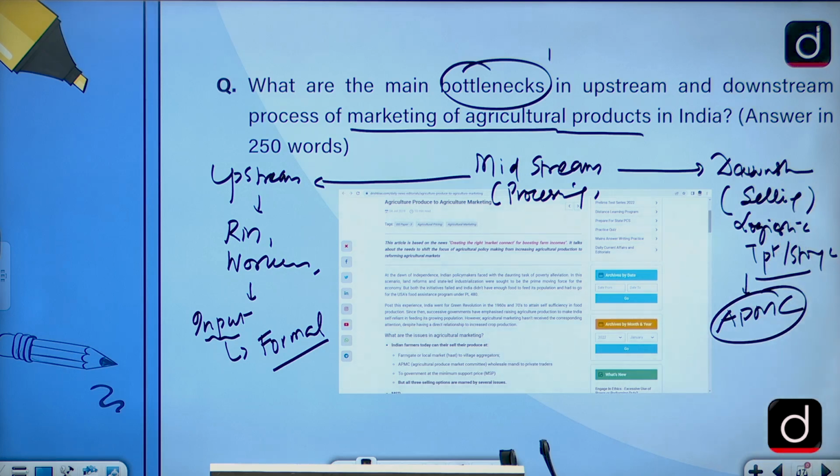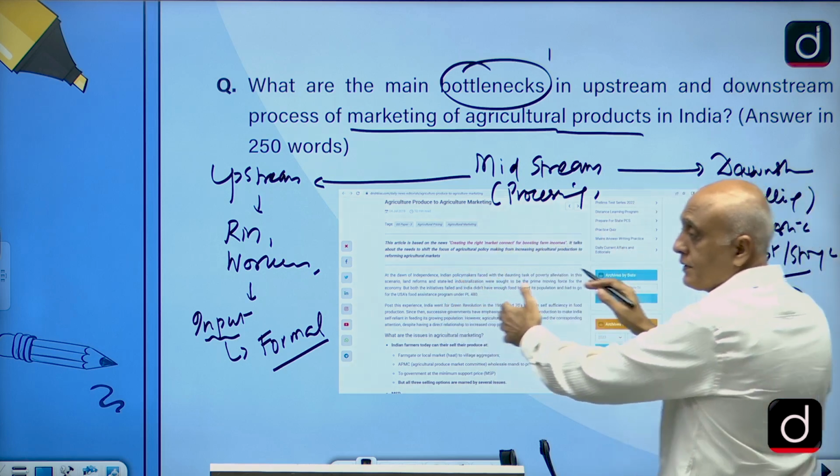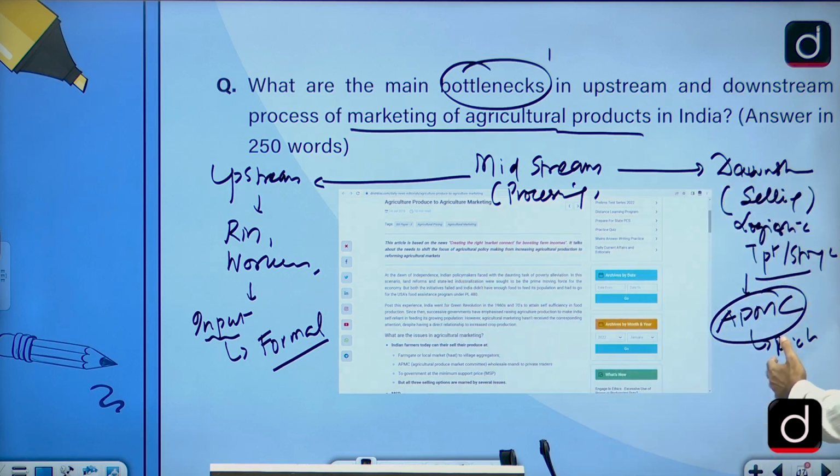They sell it to the mandis, and there you have commission agents who are very, very rich. So again there is a divide. Farmers are poor. The commission agents are very rich, who are called the artiyas. This is the second big problem that we face.